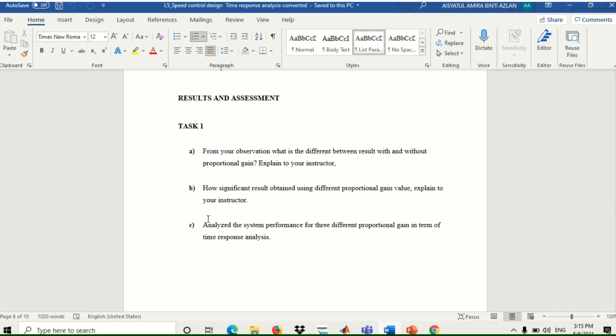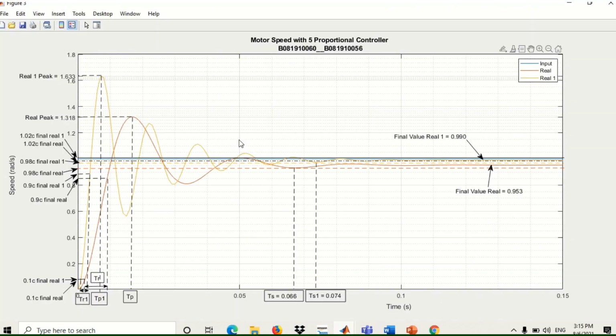So the last answer is to analyze the system performance for 3 different proportional gains in terms of time response analysis. So we can see here, this is the graph for motor speed with 5 proportional controller. In terms of time response analysis, for the highest value of the gain, the time for the speed is short.